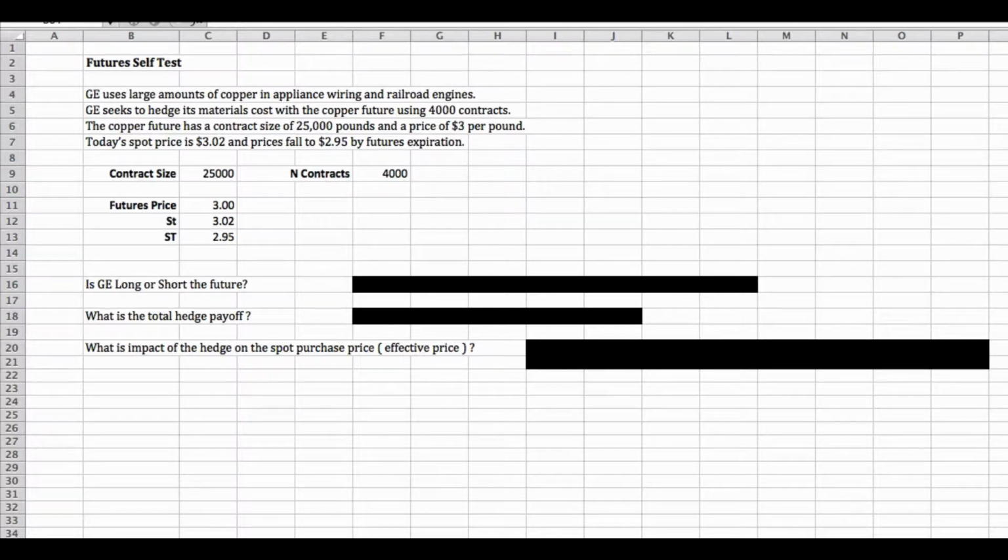And spot prices today are $3.02, and by the end of the contract they fall to $2.95. So the first question I have is just for a copper user: do they hedge by being long or short the future? And I'll wait a few seconds and then reveal the answer.